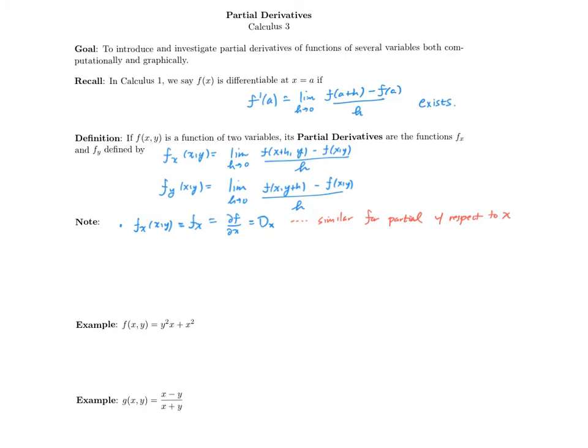In this video, we will focus on thinking about the partial derivative from the computational perspective. And in the next video in this series, we'll dive into the more geometric interpretation. How can we visualize the partial derivative?